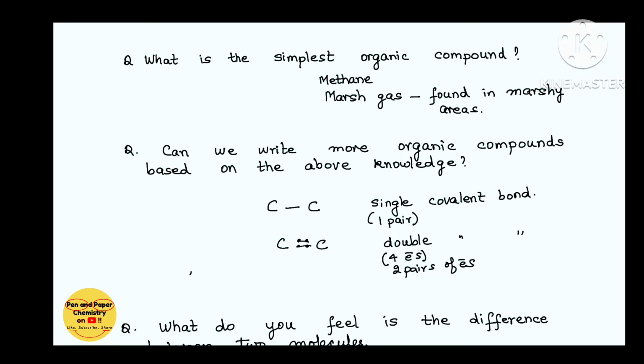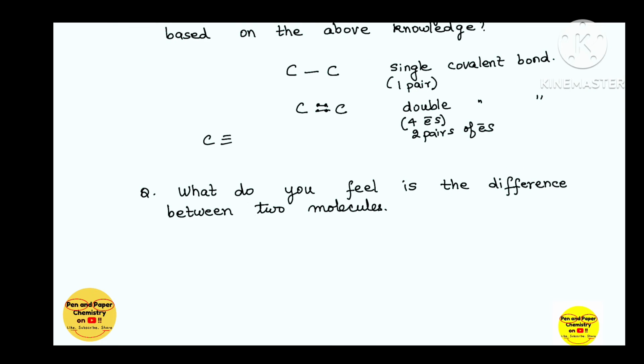How about a triple covalent bond? C, triple bond C. Count. How many electrons are being shared? Yes, 3 pairs, and that makes a total of 6 electrons being shared. And what is this bond called? Triple covalent bond.